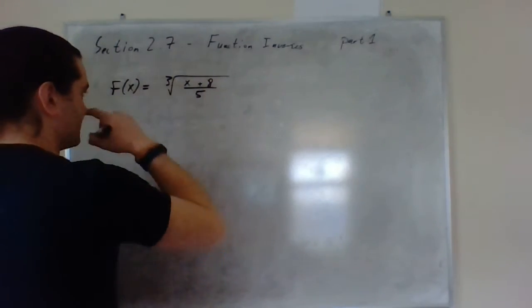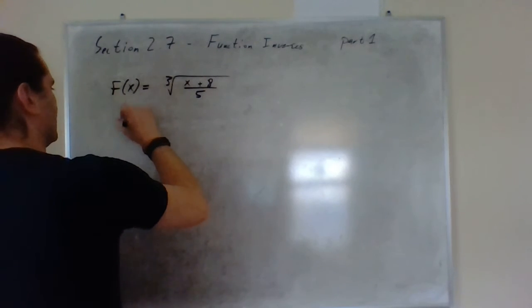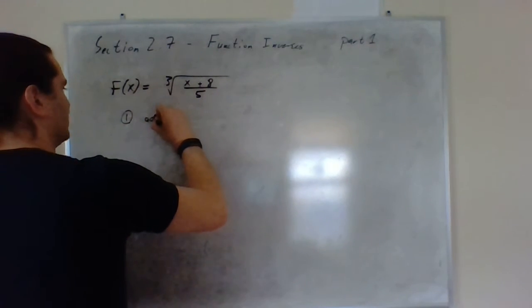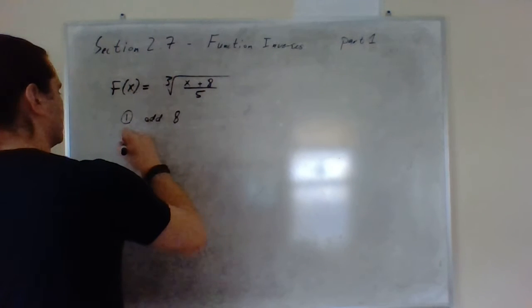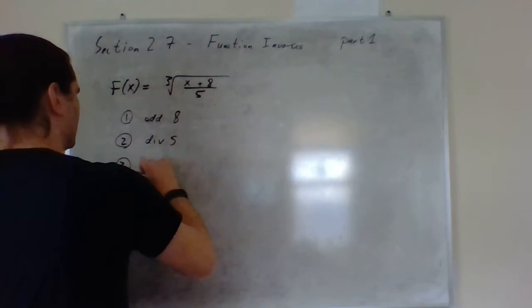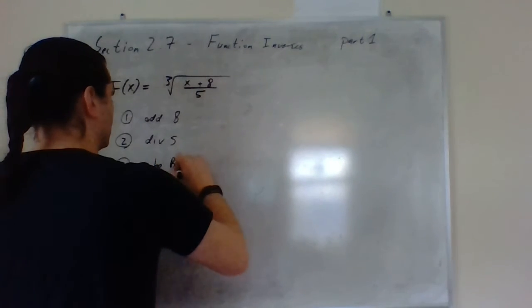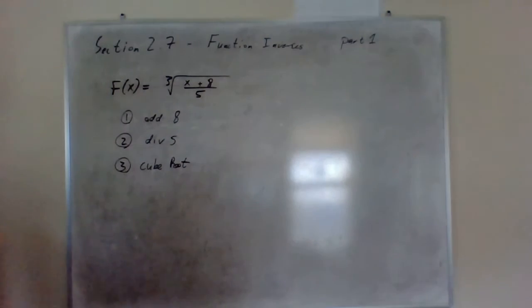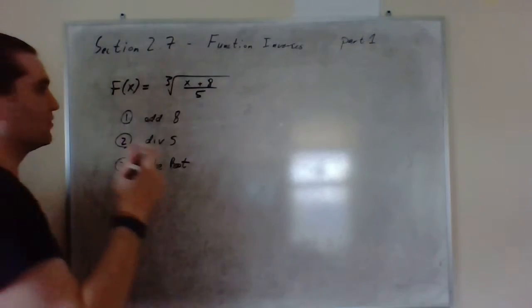If we're making a list of all the things that this function does, it starts out by adding 8, and then it divides by 5, and then it does a cube root. Those are the 3 things that this function does in that order.